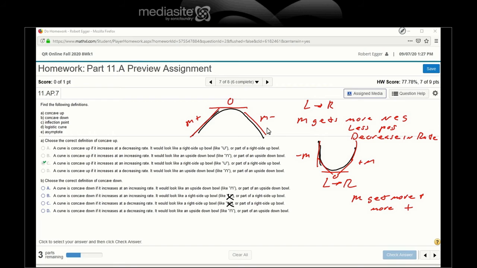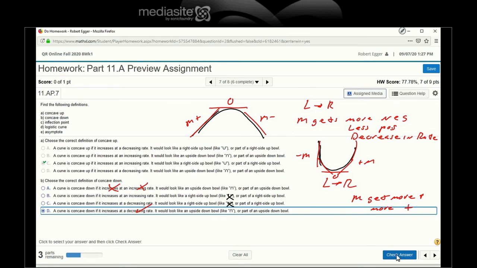So a curve is concave down if it increases at an increasing rate. Nope. Concave down if it increases at a decreasing rate. Yeah, let's have this guy. These are strange definitions.